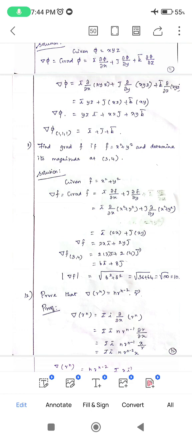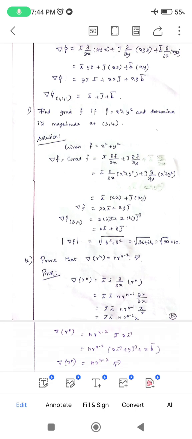So del f is equal to 2x i vector plus 2y j vector. At the point (3, 4), x value is 3, so we get 6 i vector plus 8 j vector. Taking the modulus, del f is equal to square root of 6 square plus 8 square. So we get 100, the root of 100 is 10. So modulus del f is equal to 10.